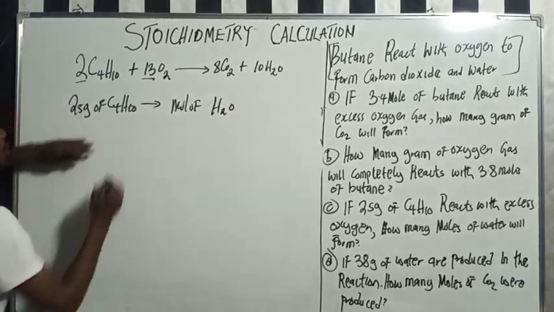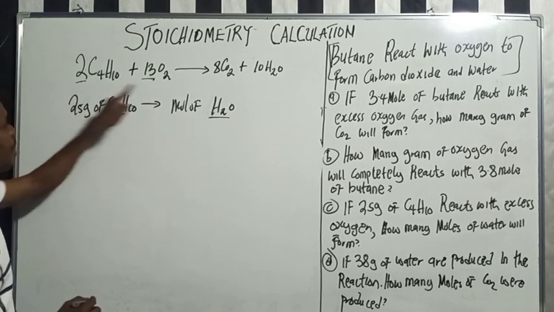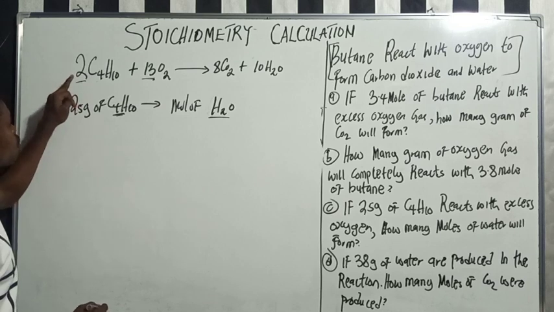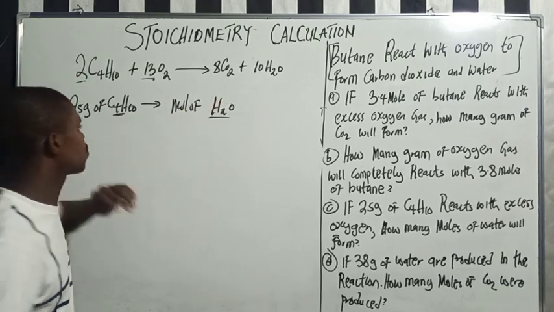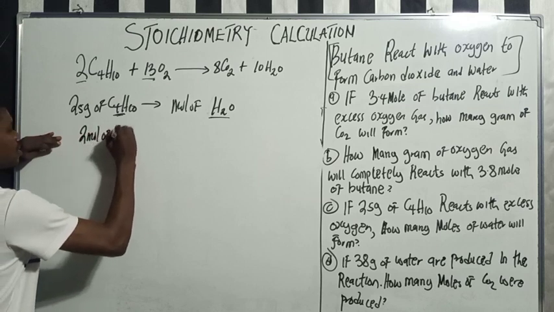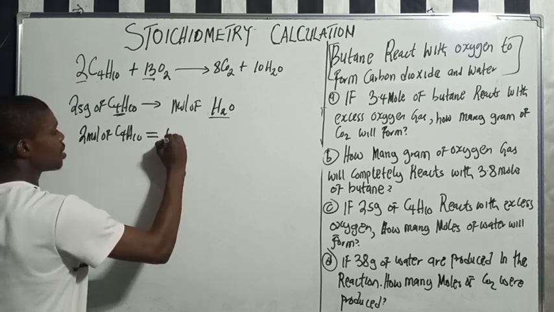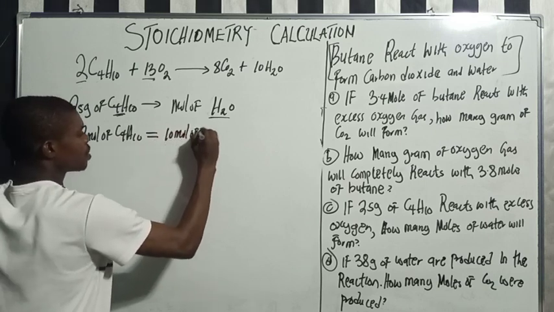So I have to know the relationship between this and this here. From my balanced relationship, 2 moles equals 10 moles, right? So I'm going to write that: 2 moles of C4H10 is equal to 10 moles of H2O.